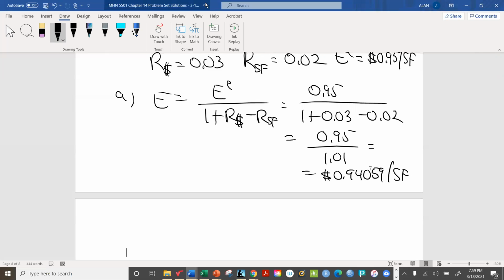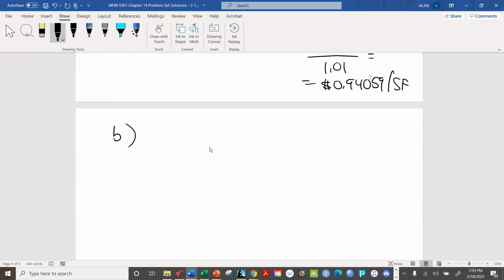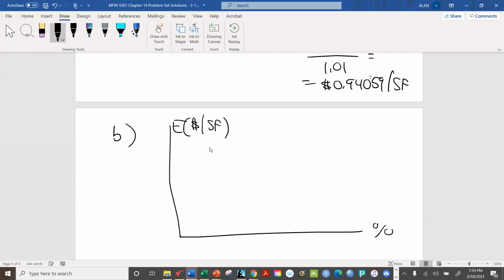Now, let's say graphically, what does this look like? So here the spot exchange rate is dollars per Swiss franc. The US rate is 3%.